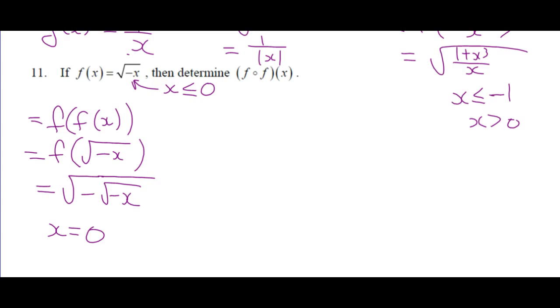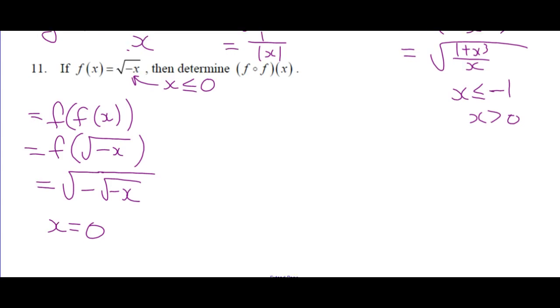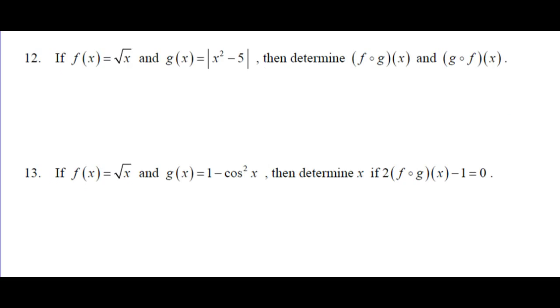No. Okay, what's next? Two more. If f of x is root x and g of x is the absolute value of x squared minus 5, then determine f of g of x and g of f of x.